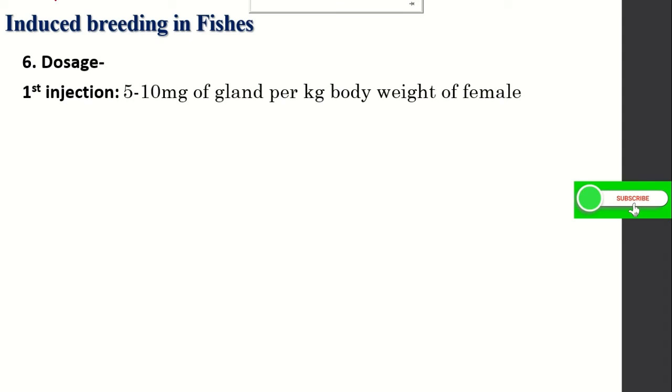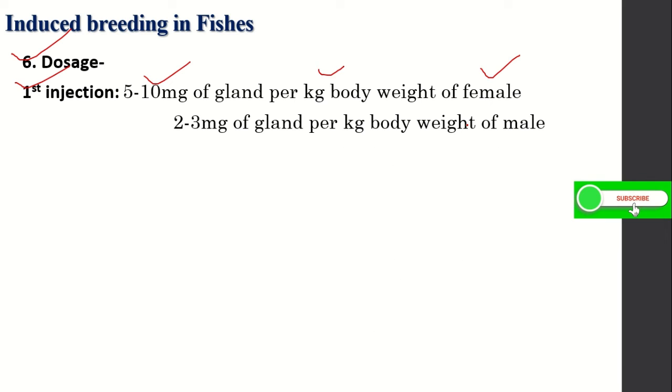The first injection is 5 to 10 mg of pituitary gland per kilogram body weight of female, and 2 to 3 mg of gland per kilogram body weight of male breeders, which gives a satisfactory result.